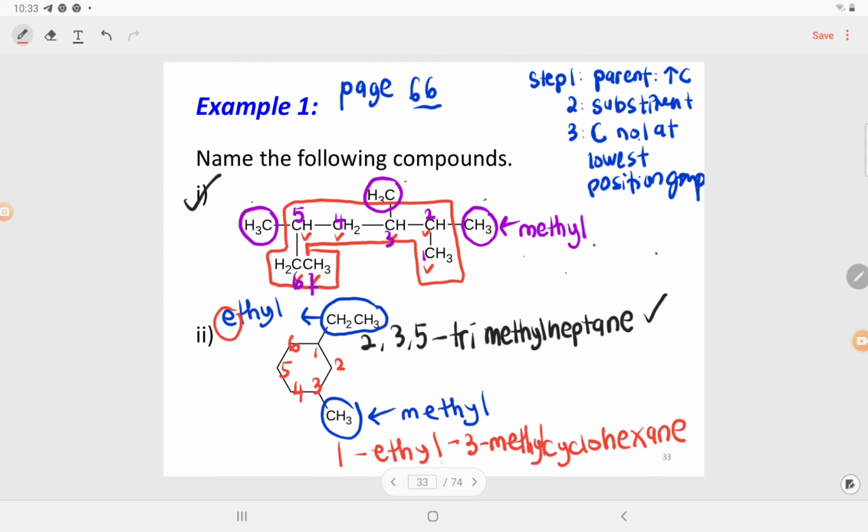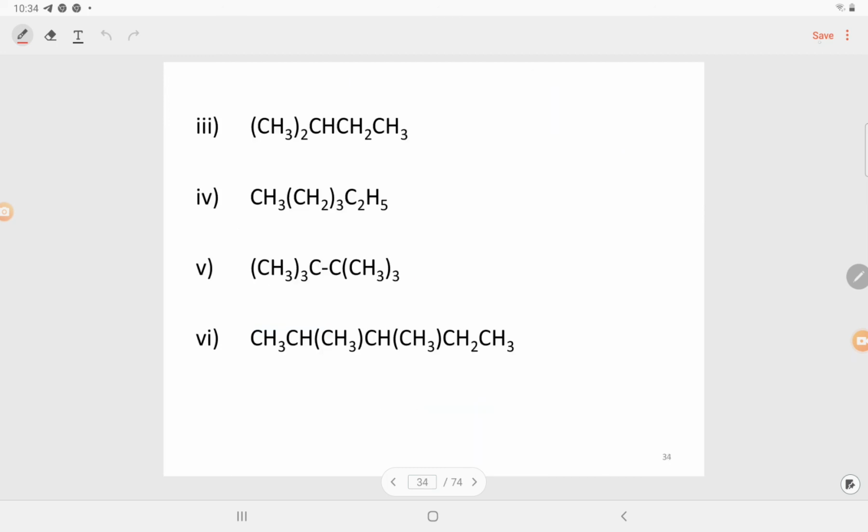So the name is 1-ethyl-3-methylcyclohexane. Okay, for the rest of the questions, you must try to find out and complete all the nomenclature. So from this, the exercise examples on pages 66 until 68 are your task.